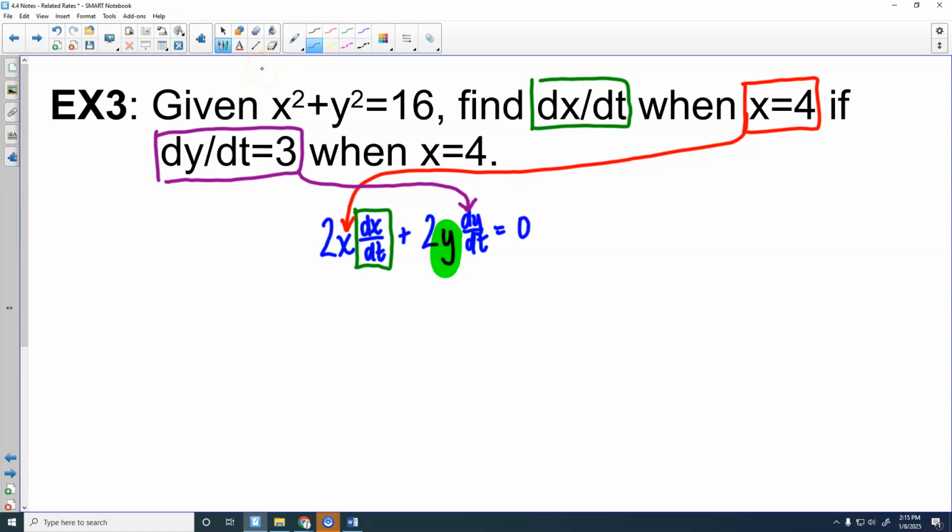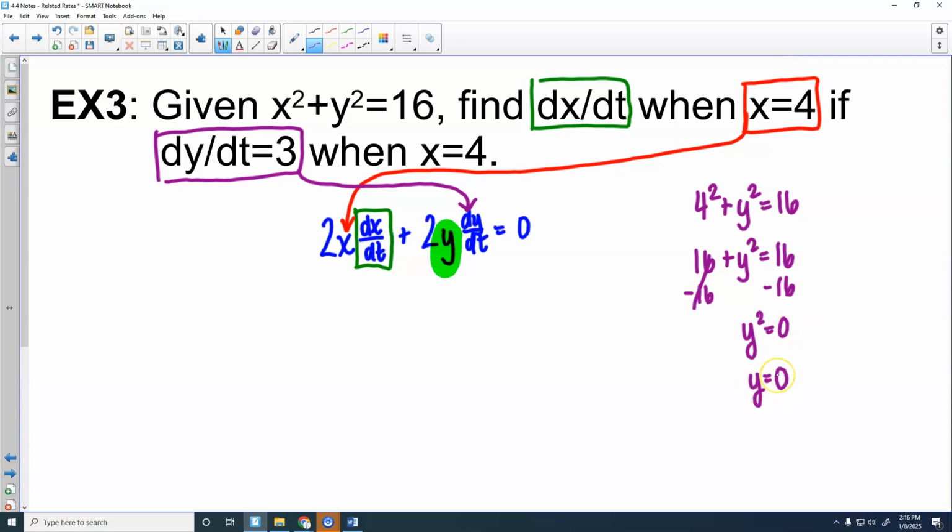Perfect. So over to the side, I'm going to say 4 squared plus y squared equals 16. So 16 plus y squared equals 16. You may already be seeing what the answer is going to be here, because those cancel out. y squared equals 0, so y equals 0.